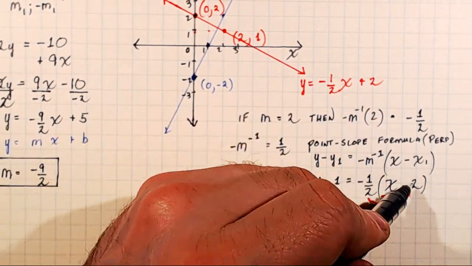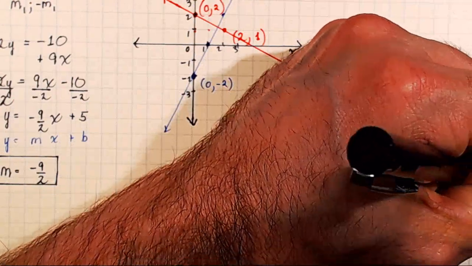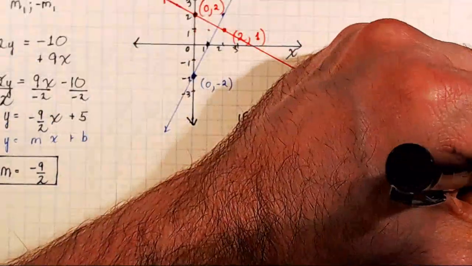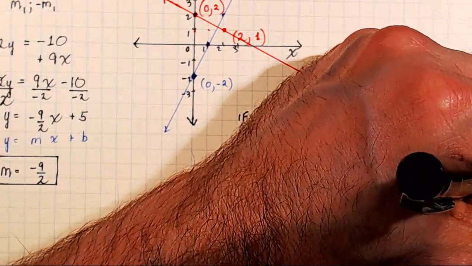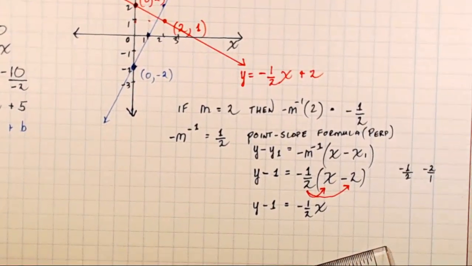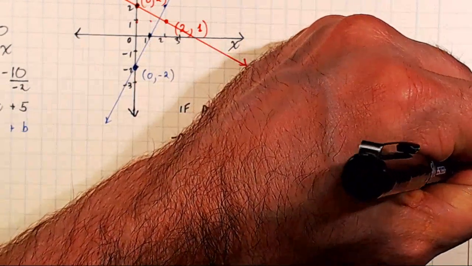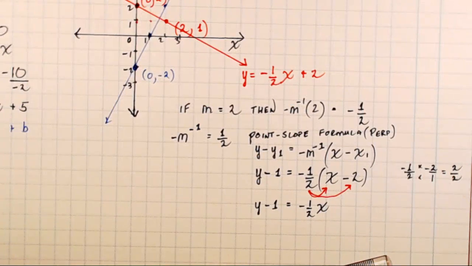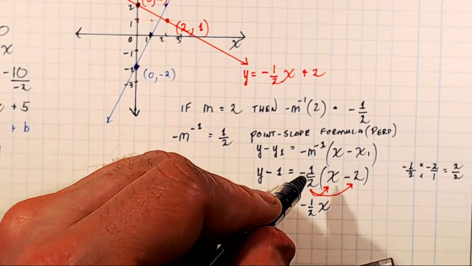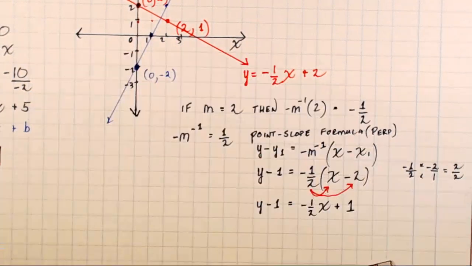Now, negative 1/2 times negative 2, if you do that math over here in the corner, negative 1/2 and negative 2 over 1. Multiply the top, multiply the bottom. Negative 1 times negative 2 gives me 2, and 2 times 1 gives me 2. So I have 2 over 2, which is just 1. So negative 1/2 times negative 2 gives me positive 1.